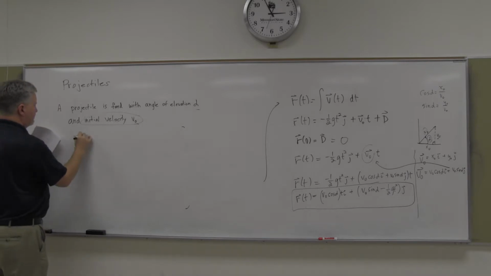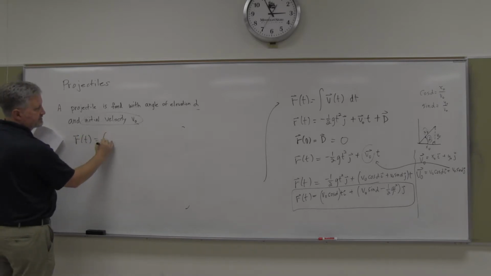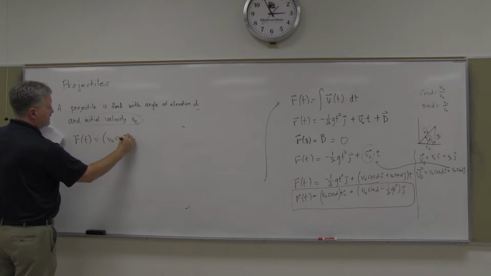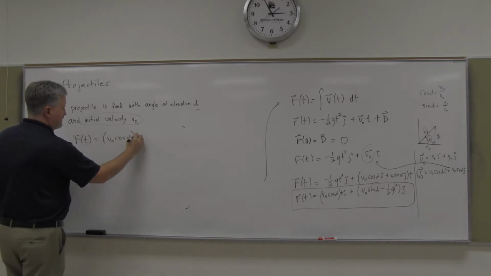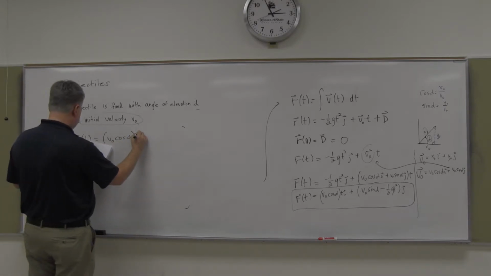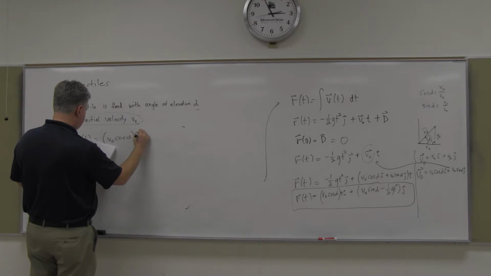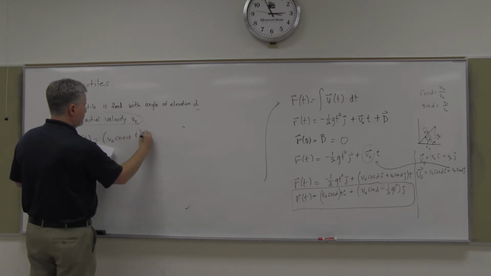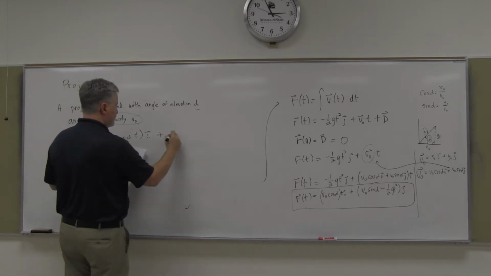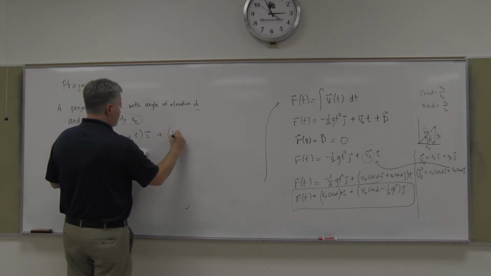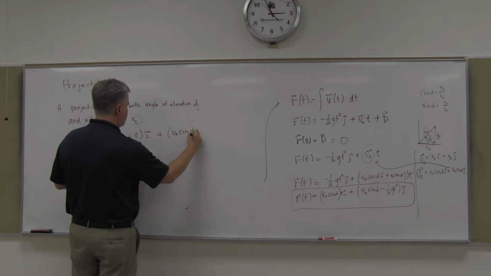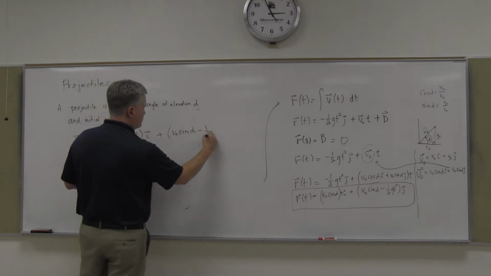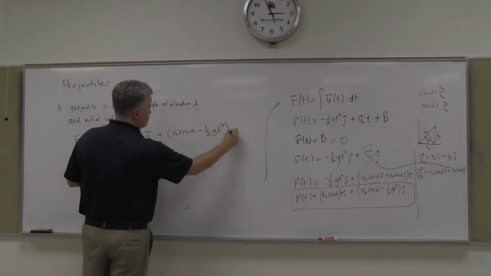So r of t is v0 cosine alpha t, the i component, and then v0 sine alpha t minus 1/2 g t squared, the j component.